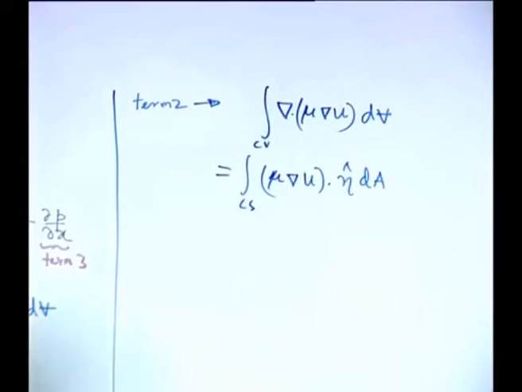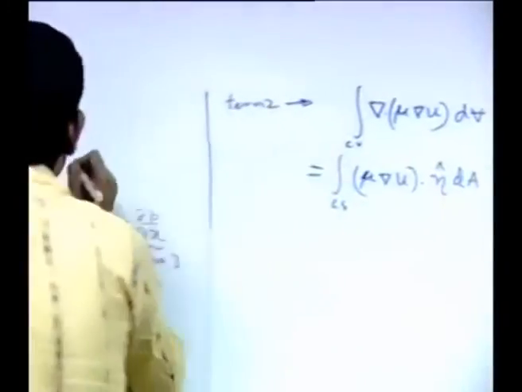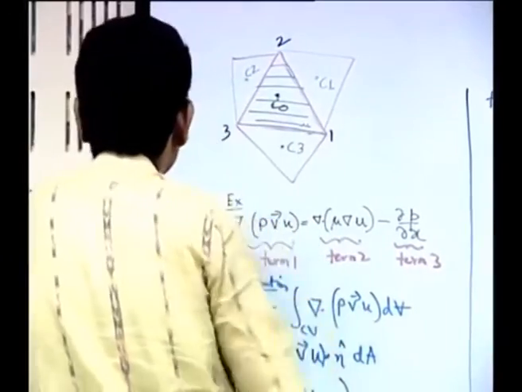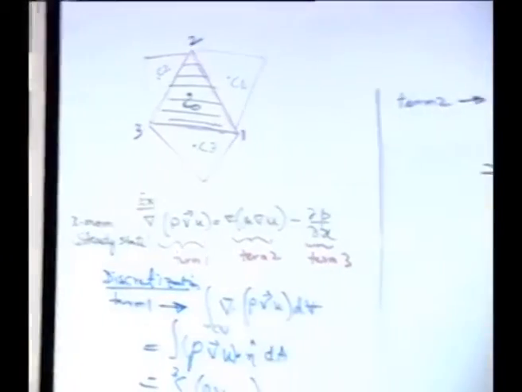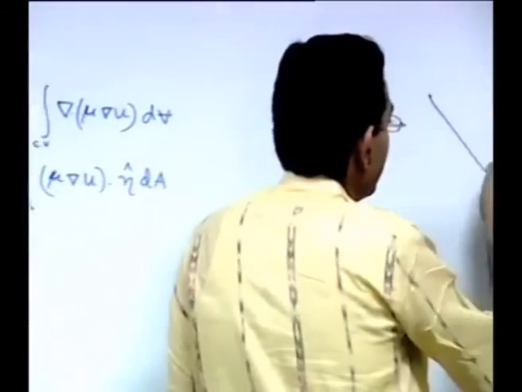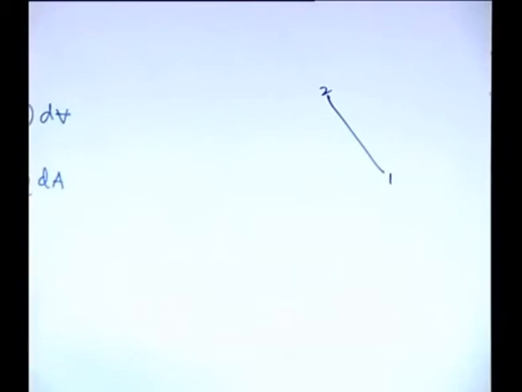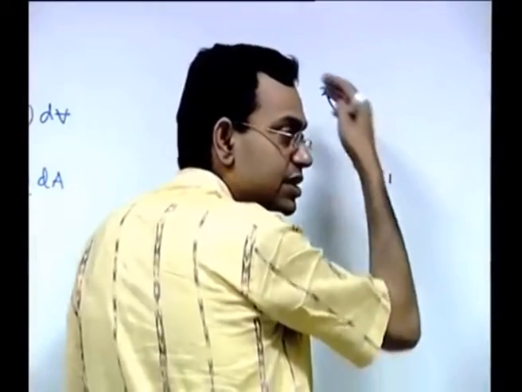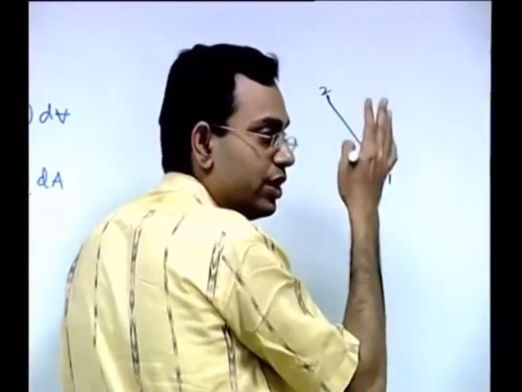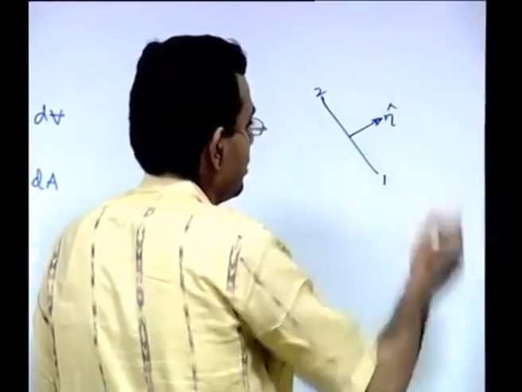what is eta, for example? Let us give some numbers to indicate the vertices of this triangle, say 1, 2, 3. Then this is the edge 1, 2, which is a face if you consider the triangle as a volume with unit width, and this is the normal direction.